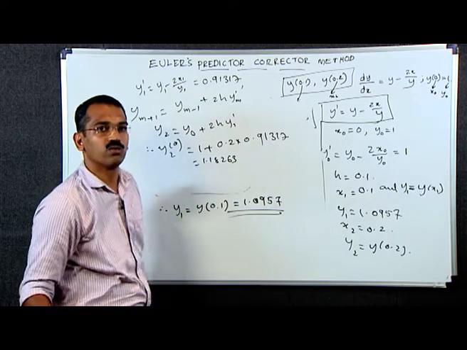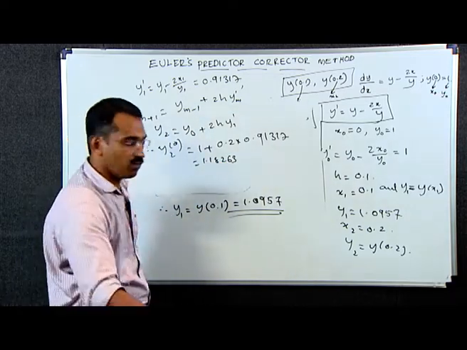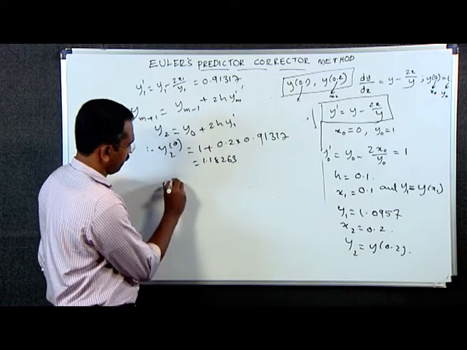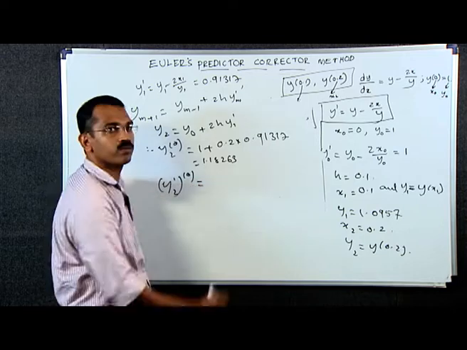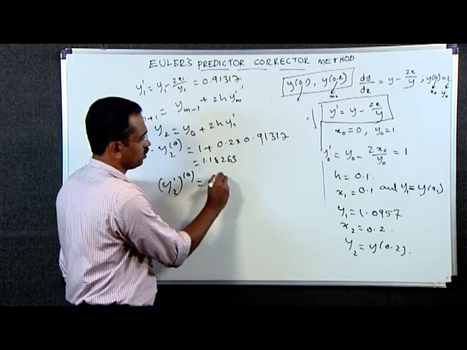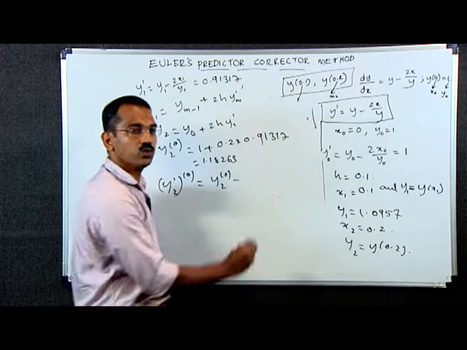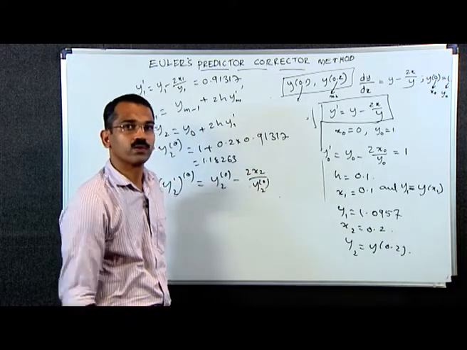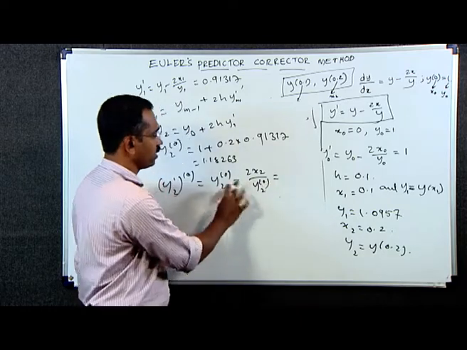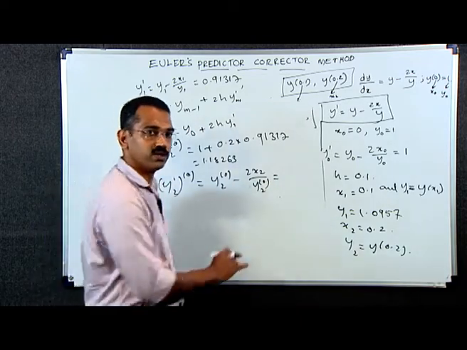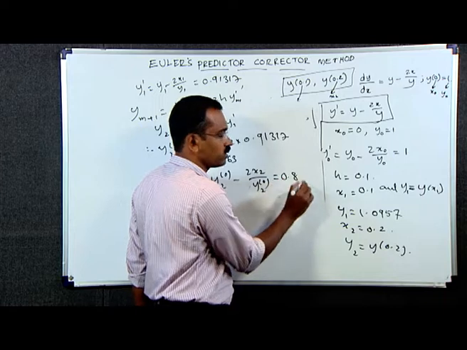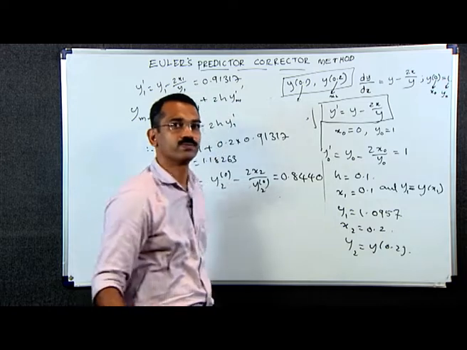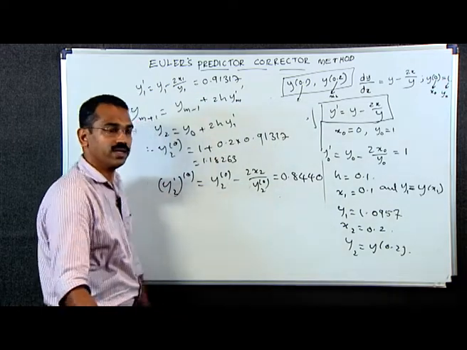This is y2(0). y2'(0) is equal to y2(0) minus 2x2 divided by y2(0), which, by substituting these values and simplifying, we will get 0.84440.